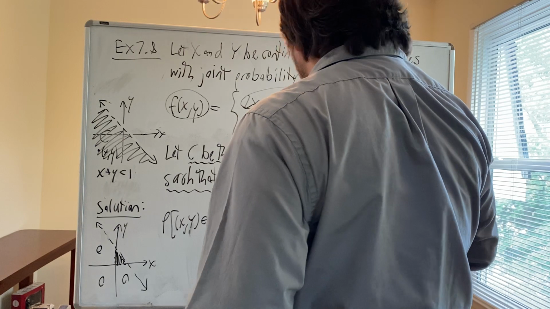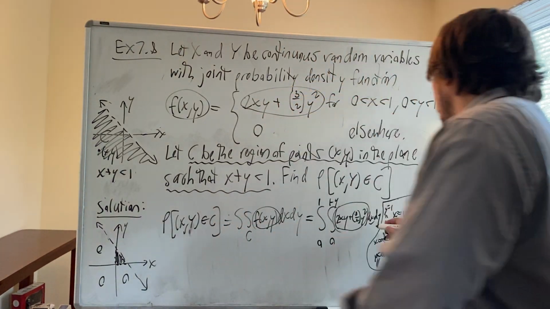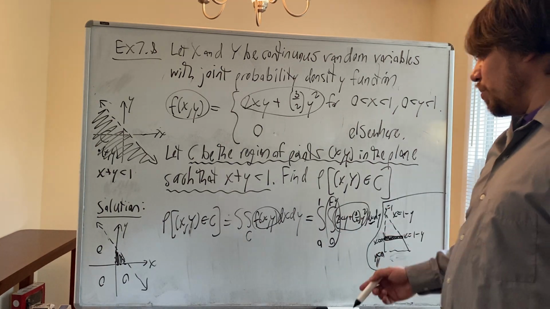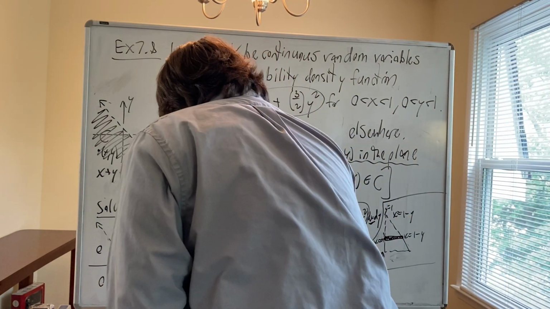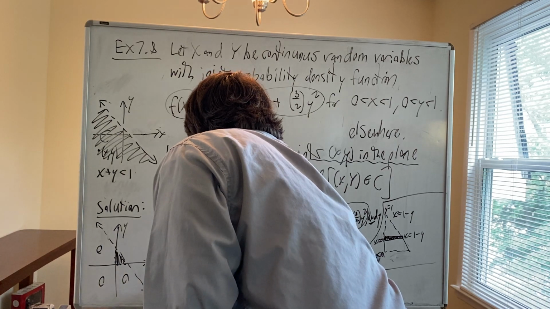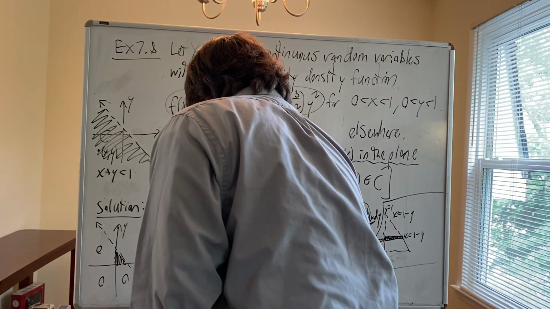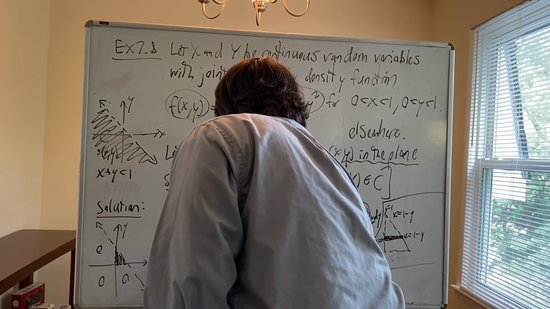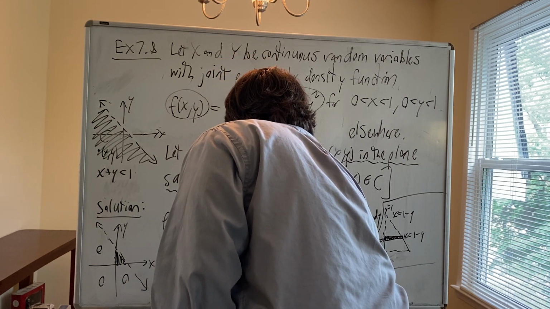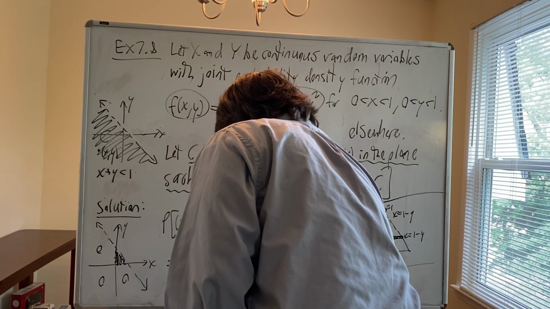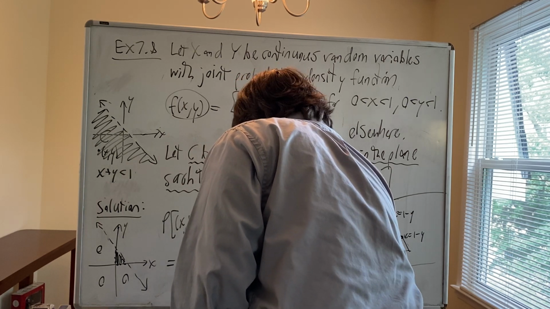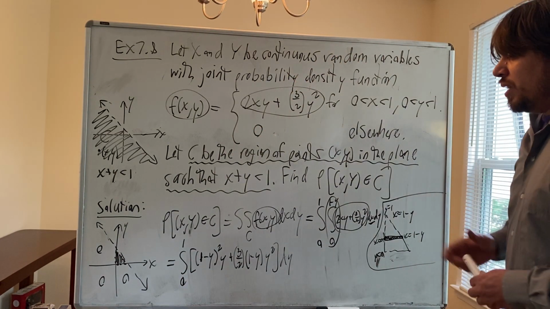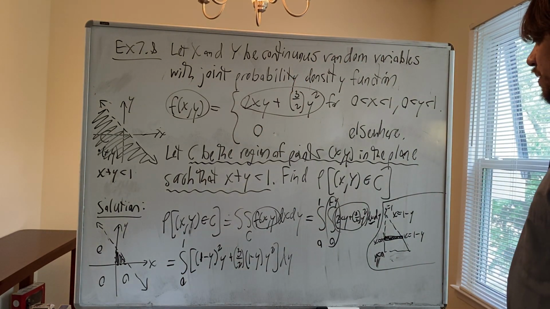And so if you first integrate with respect to x, from 0 to 1 minus y, what you get is the integral from 0 to 1 of (1 minus y) squared times y plus 3/2 times (1 minus y) squared dy. Okay, so you get that definite integral.